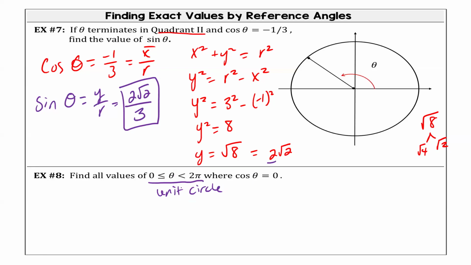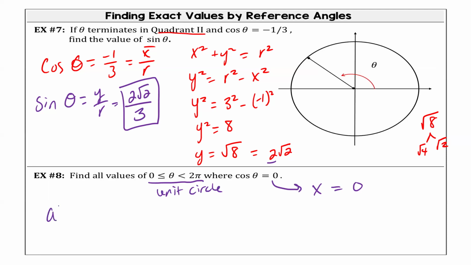So on your full unit circle, you want to know when cosine theta equals 0. Cosine is which variable? The x. So this is simply asking, going around your unit circle, when does x equal 0?